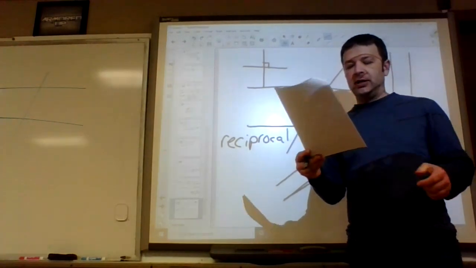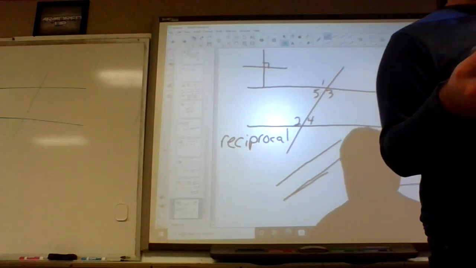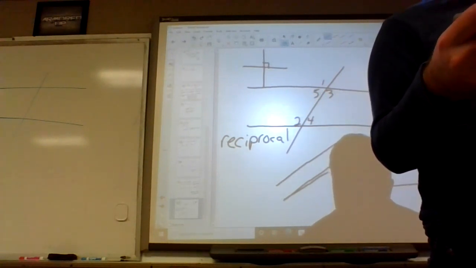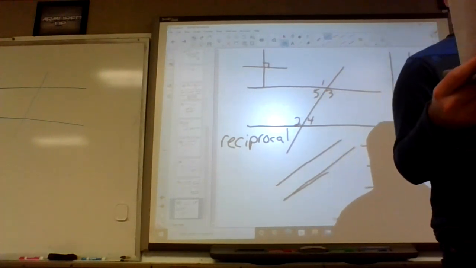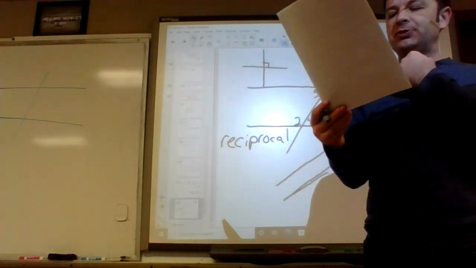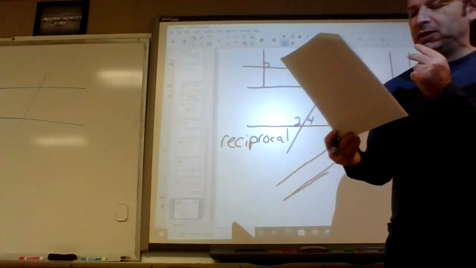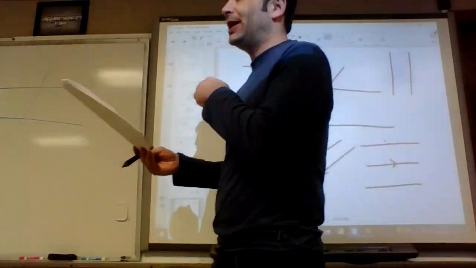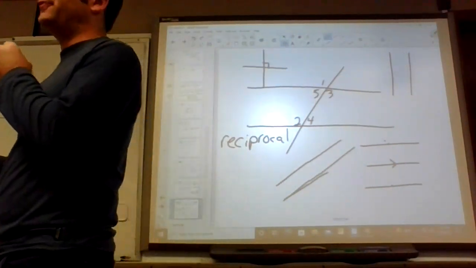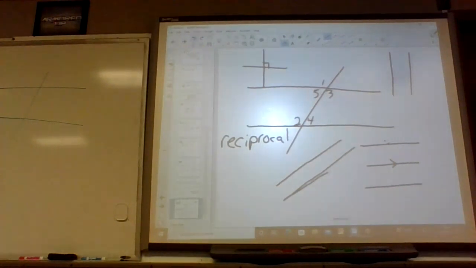Okay, 20, last one, 21. We're supposed to find the measurement of angle 5 if the measurement of angle 6 equals 4x plus 1, and angle 4 equals 3x plus 4. How are angle 6 and angle 4 related to each other?